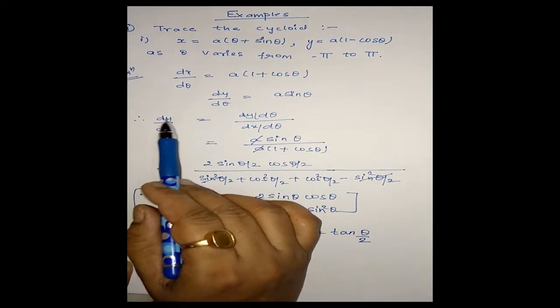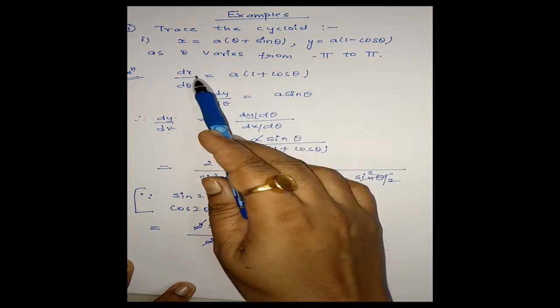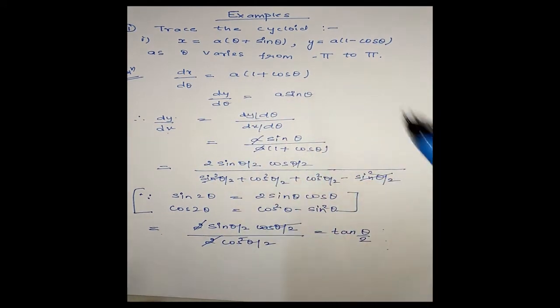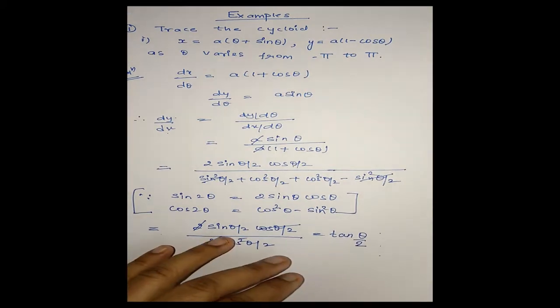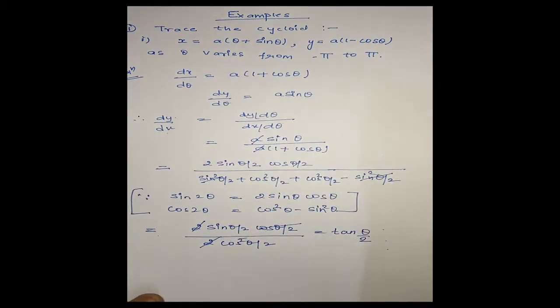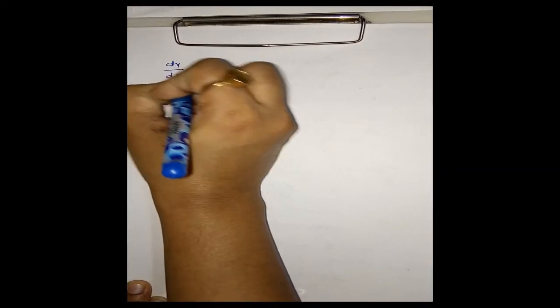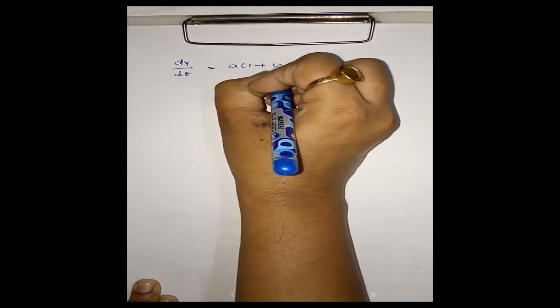Therefore dy/dx is equal to tan(theta/2) when theta is not equal to plus or minus pi, where dx/d theta is equal to 0. dy/dx is defined only at the points where dx/d theta is non-zero. This means dx/d theta is a(1 + cos theta).